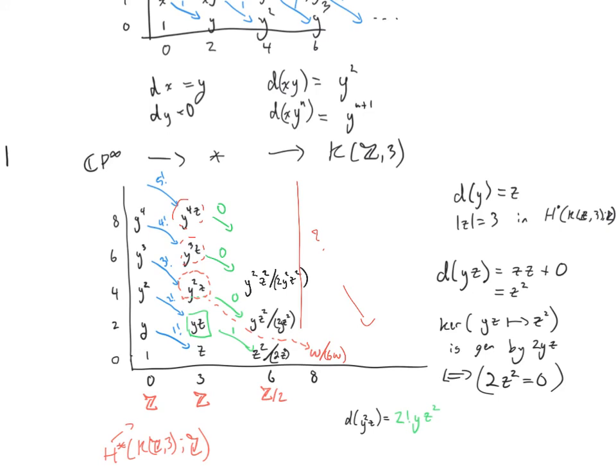But just to point out one more class. This guy here now looks like it's going to persist to infinity because it's not in the image of anything. So the next place it would have to take a value is something on the bottom row.